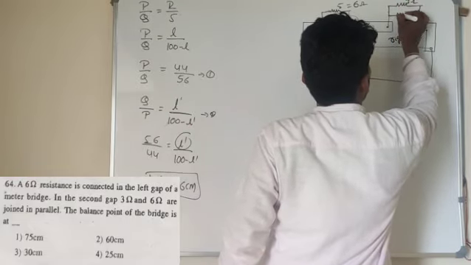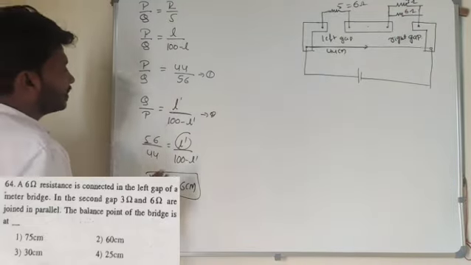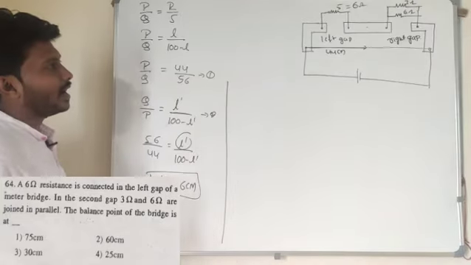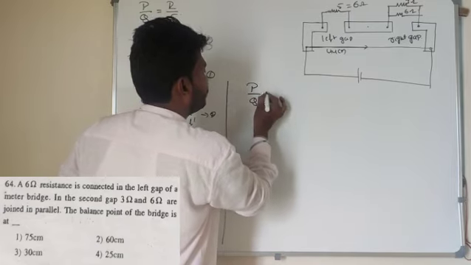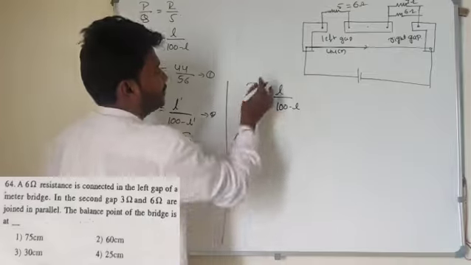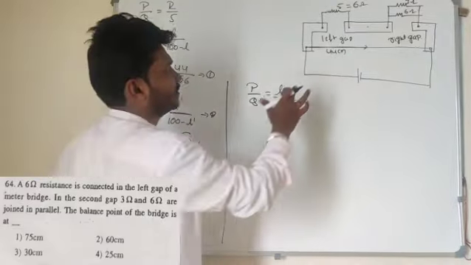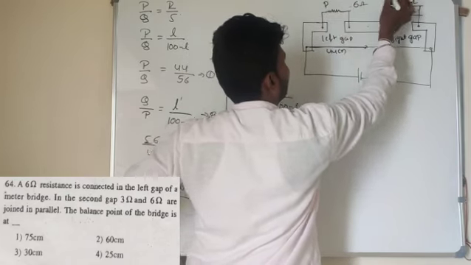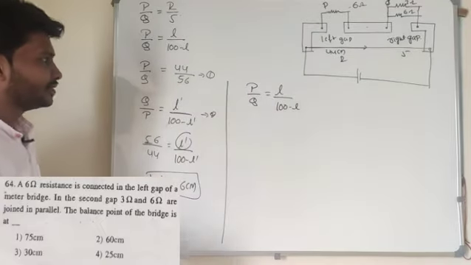Here 3 ohm. This is 6 ohm here. Now I will take that value here. P by Q is equal to R by S. Same thing I can take here. P by Q is equal to L divided by 100 minus of L. So here I will name those P, Q, R, S, whatever the nomenclature.